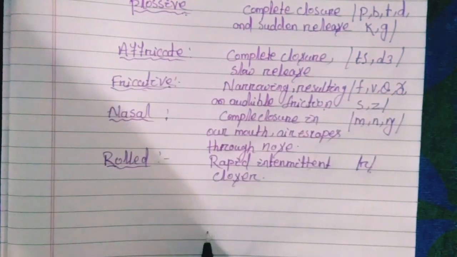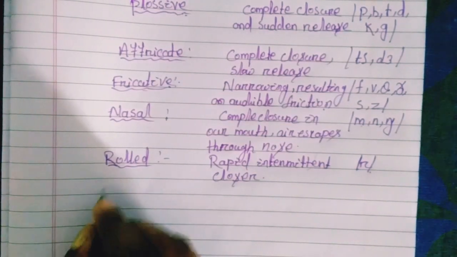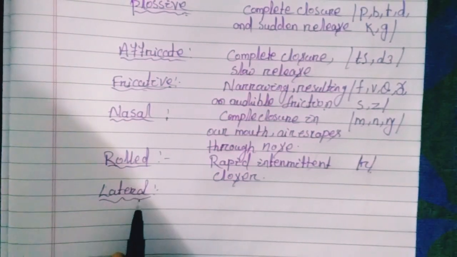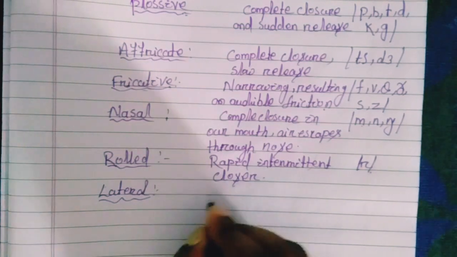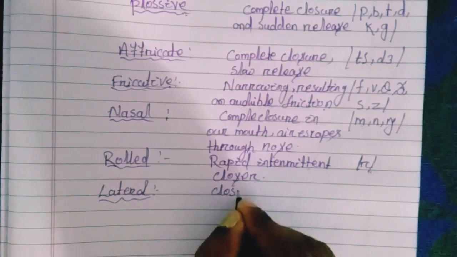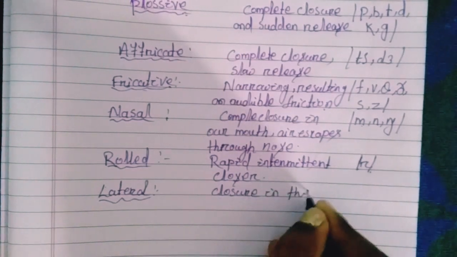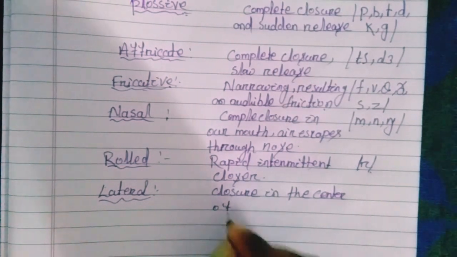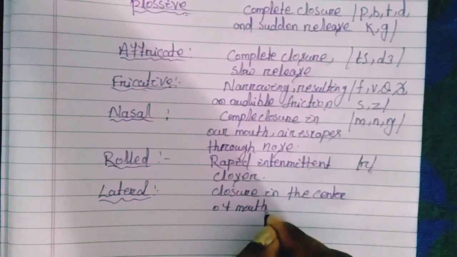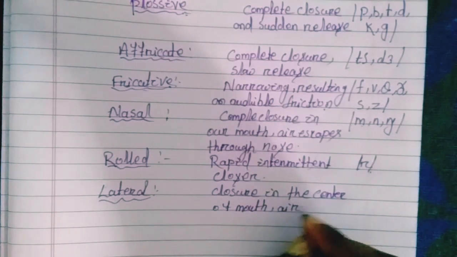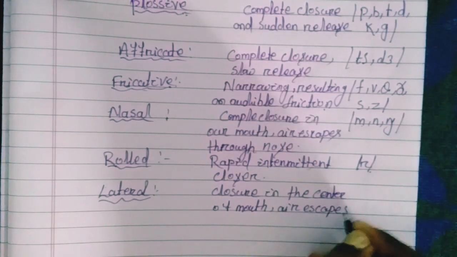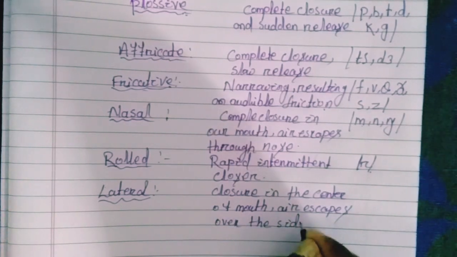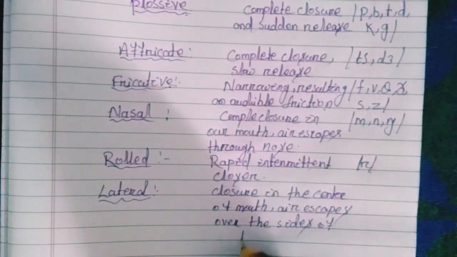Next is lateral consonant. During the production of these lateral consonants, the structure is closure in the center of the mouth, and the air escapes over the sides of the tongue, over both sides of the tongue.